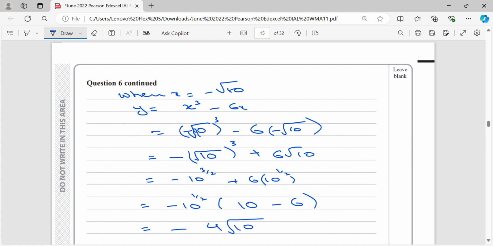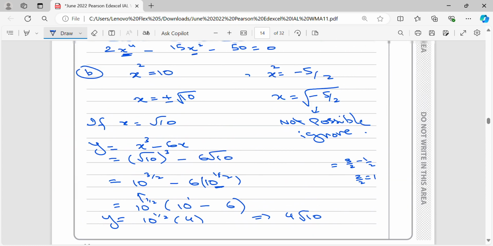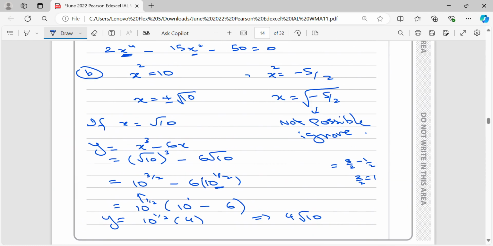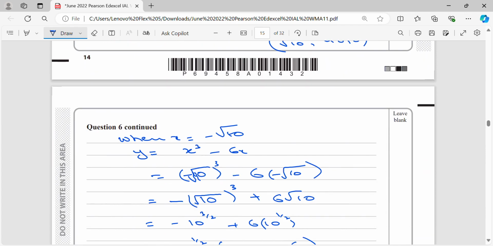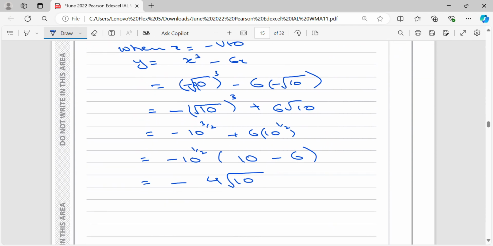Okay, so these are the values for x and y. Let's write down here for the first value root 10 and 4 root 10, and for the second value I can write down minus root 10 and negative 4 root 10.